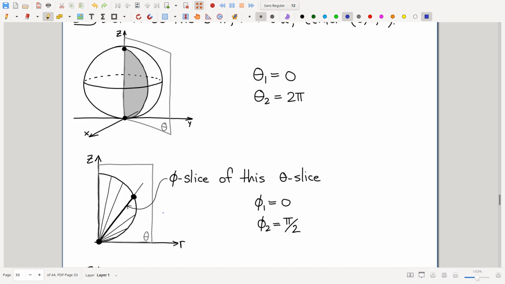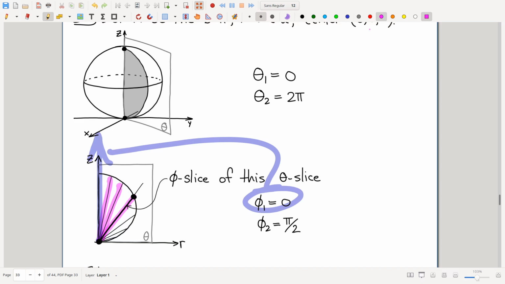Okay, so now let's think about our phi slices. A phi slice, as previously discussed, is going to be something like that, keeping in mind that phi is measured as that angle off of the z-axis, measured at the origin, of course. So phi is that angle. First and last of these phi slices: the first one is going to be up there, where phi is 0.